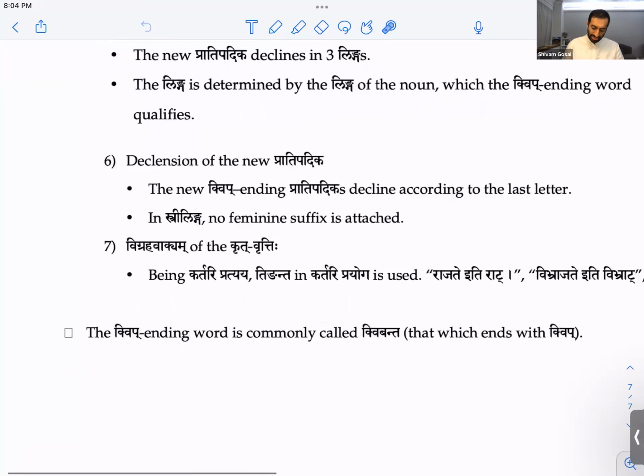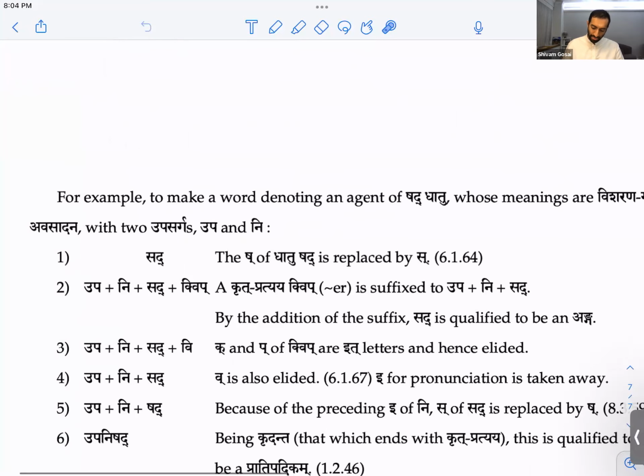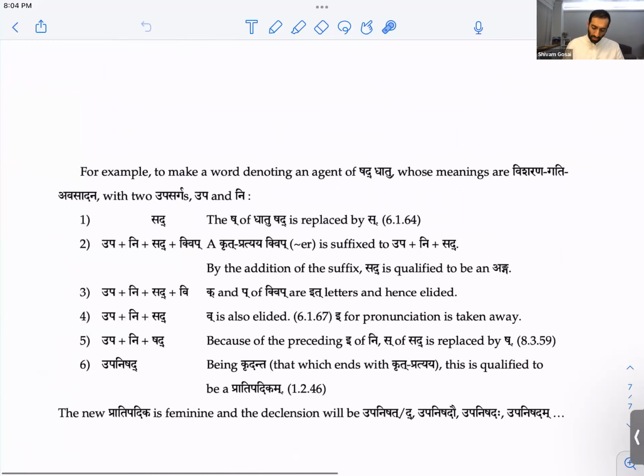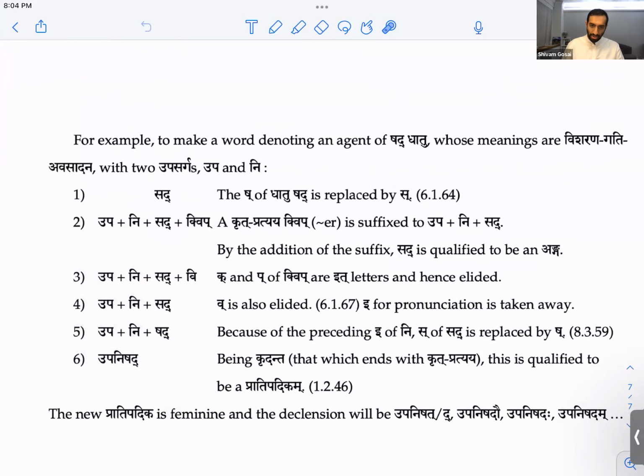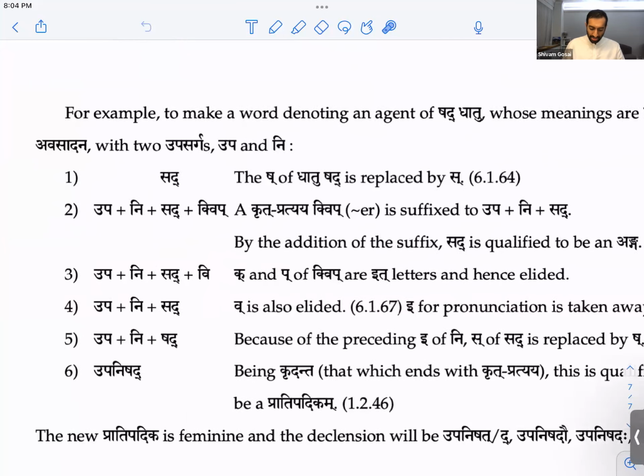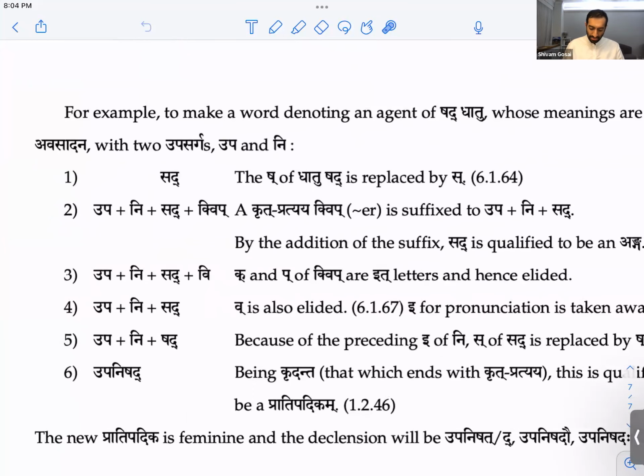So let me show you the example of kvip. One example of kvip is the word Upanishad. This is why we need to see kvip; otherwise, we don't need to see kvip further than this. The word Upanishad: we have sad dhatu, and then upani plus sad.